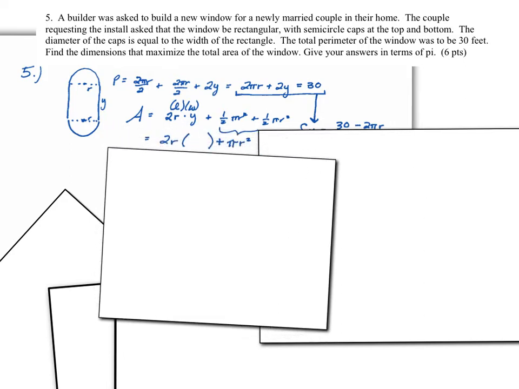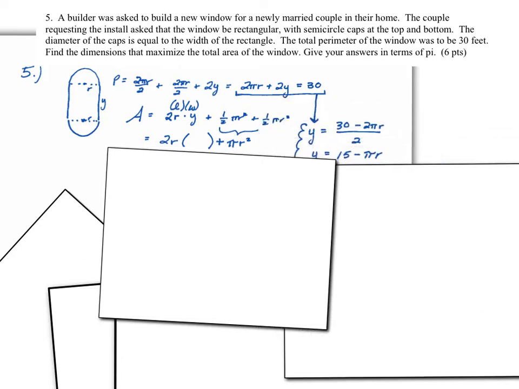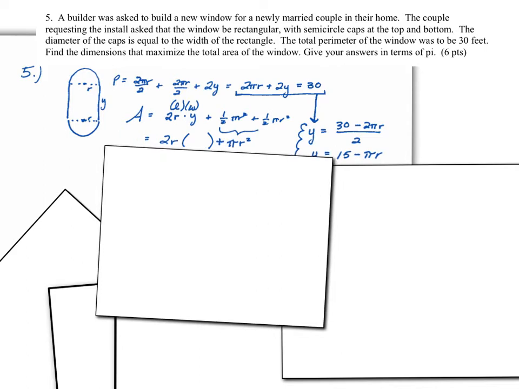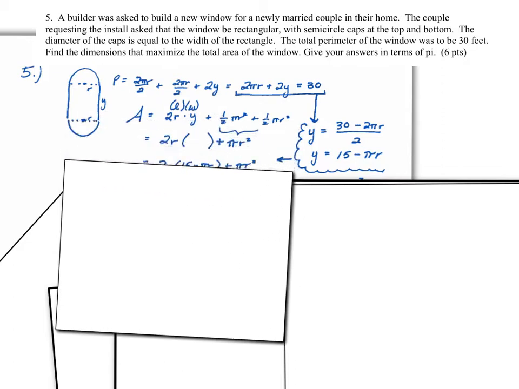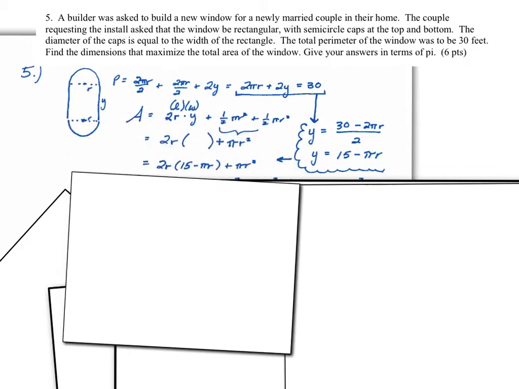I'm going to get rid of y here. And so with that perimeter constraint being 30, y equals 30 minus 2 pi r over 2, simplified to 15 minus pi r, and that's what's going to come in right here. So the area equals 2r times the 15 minus pi r plus pi r squared.